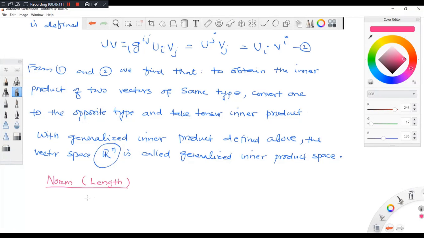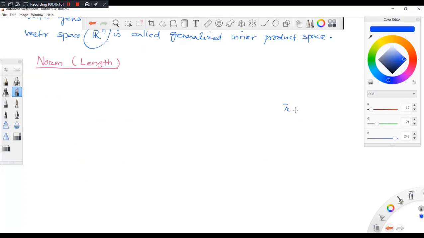Magnitude, sir. Suppose you have r bar with components x, y, z. How do you define the length of this vector? Square root of x square plus y square plus z square. Can you tell in terms of dot product? r bar dot r bar, then its square root. Am I right? Yes, sir. Same way you can define here.